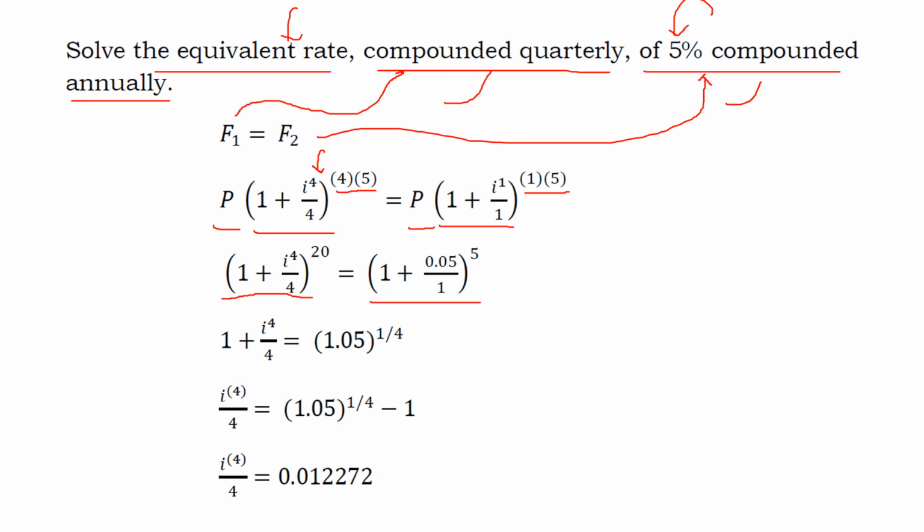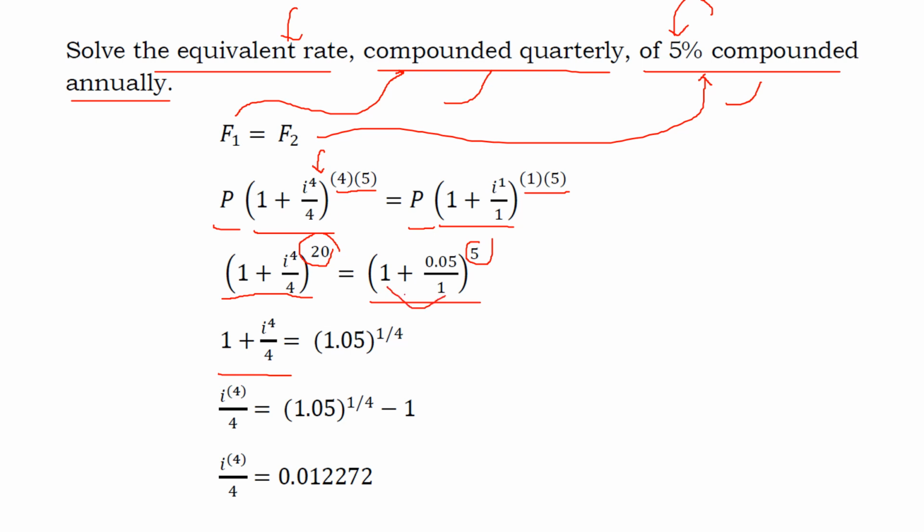As you can see, between your 20 and 5, 20 is the exponent at the left side of your equation. 5 is 1/4 of 20. If we divide 20 by 5, that is 4, meaning to say that 5 is 1/4 as a part of 20. That's why we can rewrite this one as 1 plus i raised to 4 over 4.